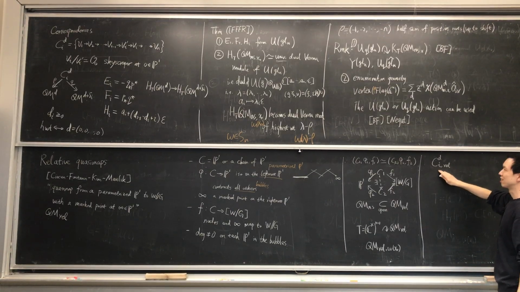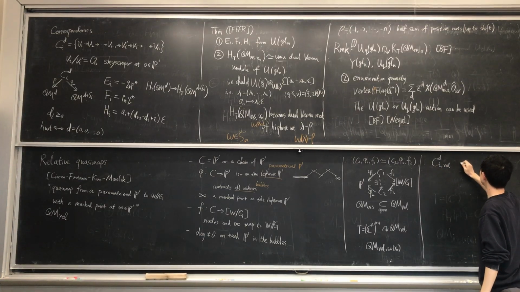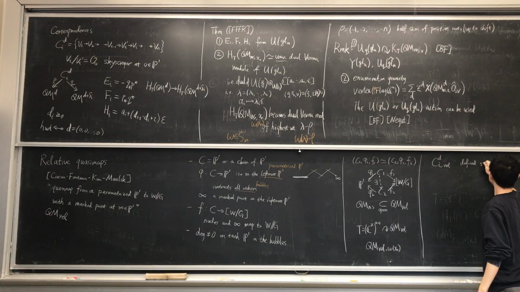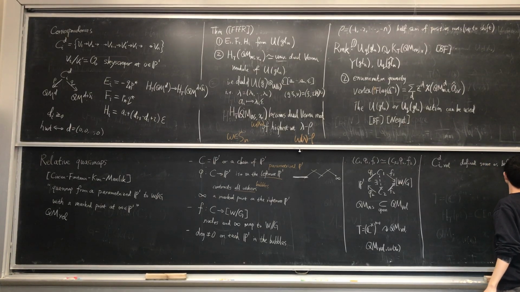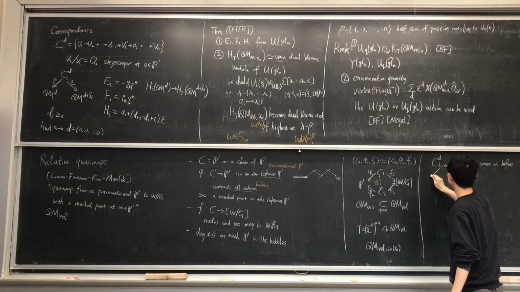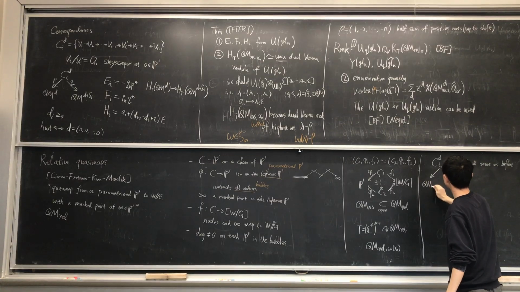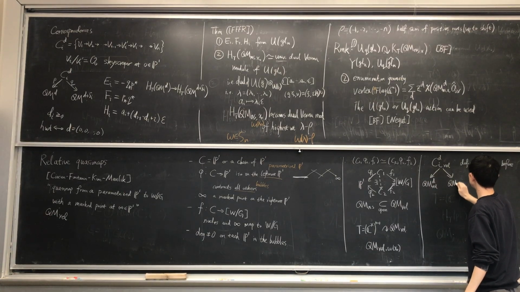So you can define these correspondences in the same way, where you have two projection maps to the relative quasimaps of degree d and of degree d plus delta i.